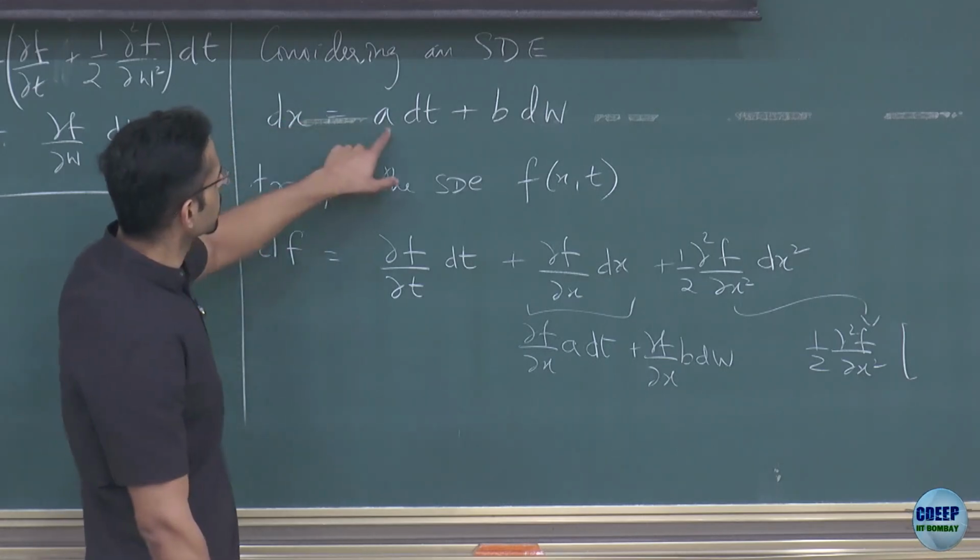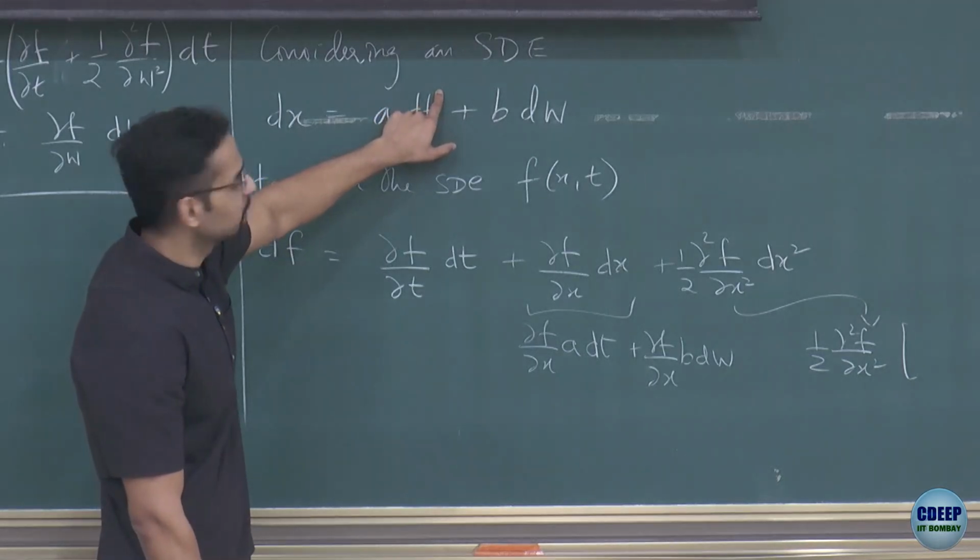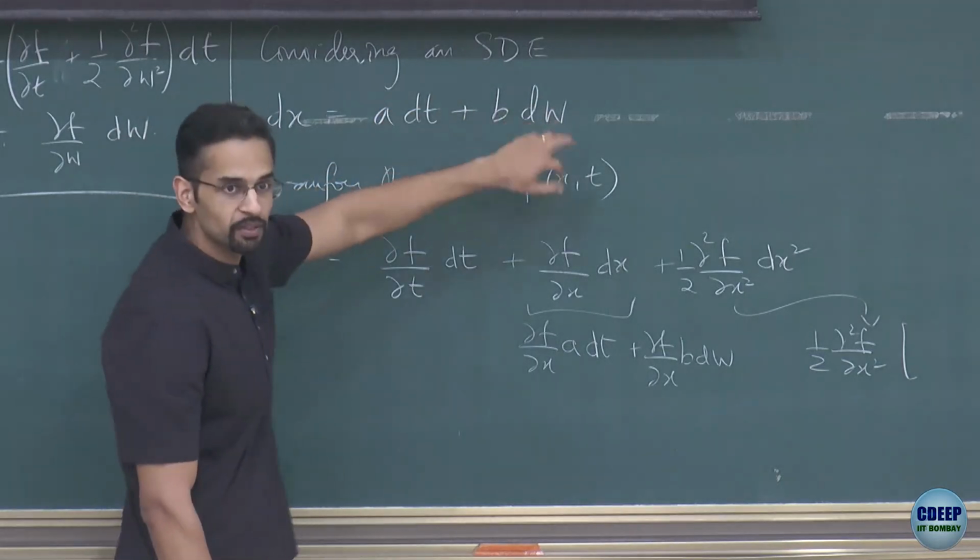Okay, so dx square, it will give me a dt square, that will immediately drop out, right? And b dw square, which will behave like dt, right?